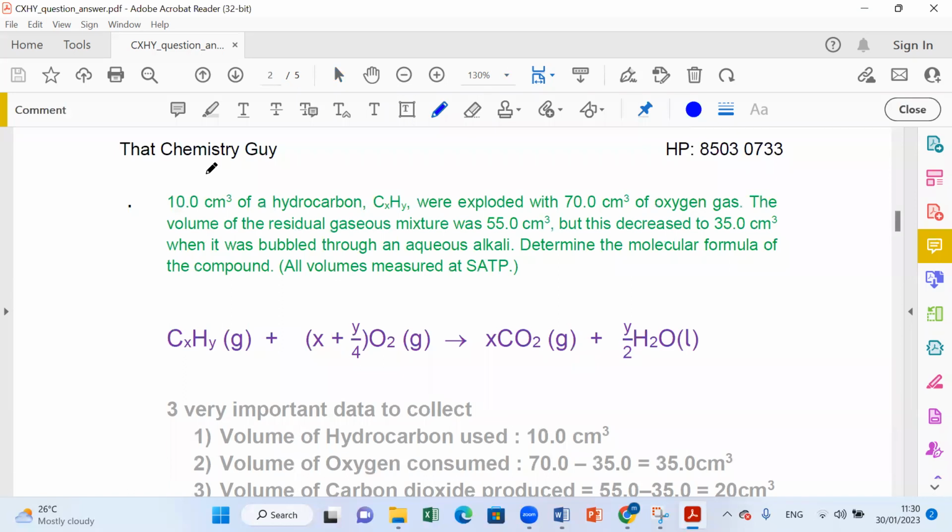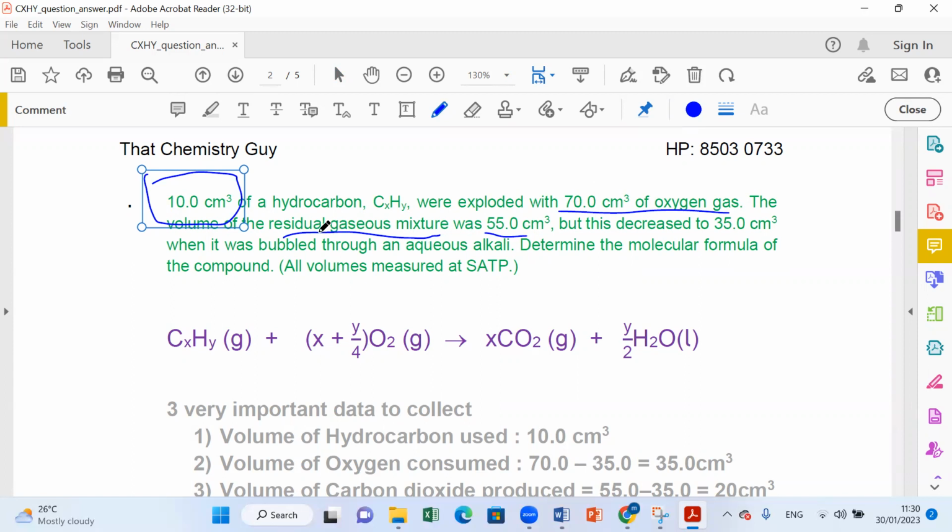You can see the 10 cm cube of hydrocarbon is here. And in this case, I have a lot of information. I have 70 cm cube of oxygen. They didn't say that this is the exact amount of oxygen used. Now they tell you that there's a residual gaseous volume, which is 55.